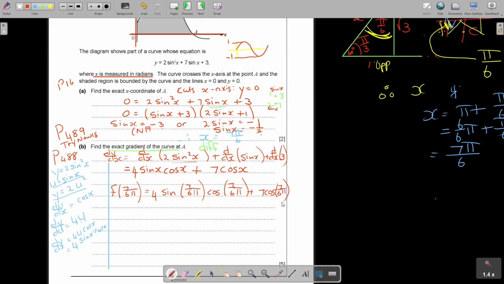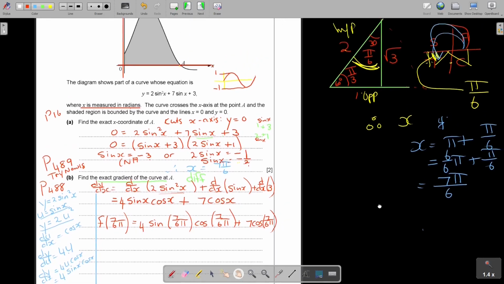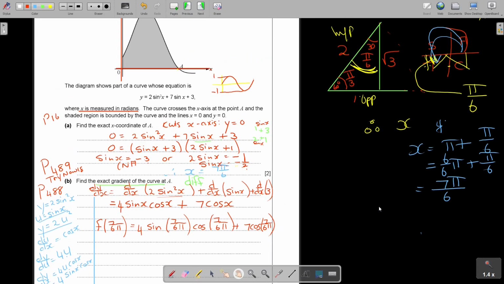Now you can actually find this without a calculator, because you just have to work with this triangle here, and the 7 over 6 will tell you, you can work with this to help you.